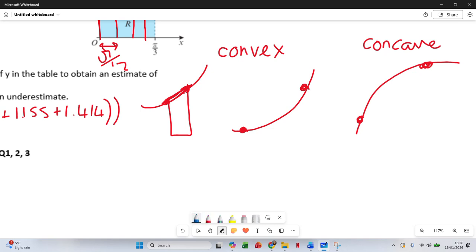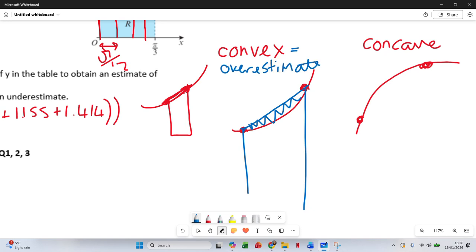So for a convex, if we just join those 2 points with a straight line, that's our trapezium, we can see that's an overestimate. So if it's a convex curve, that will be an overestimate, because the lines connecting it will go above the curve.